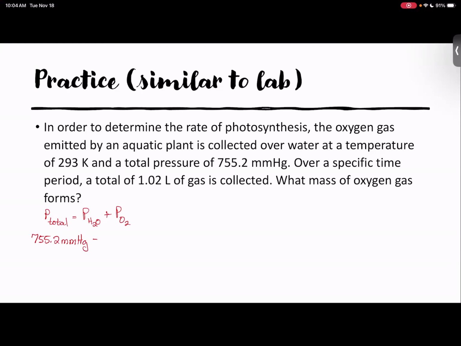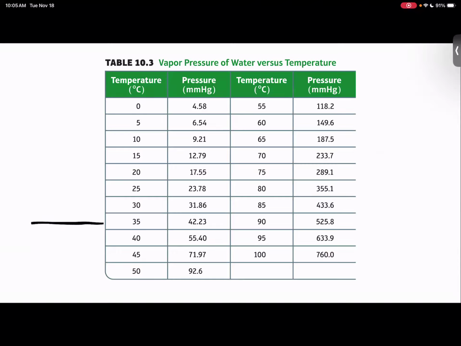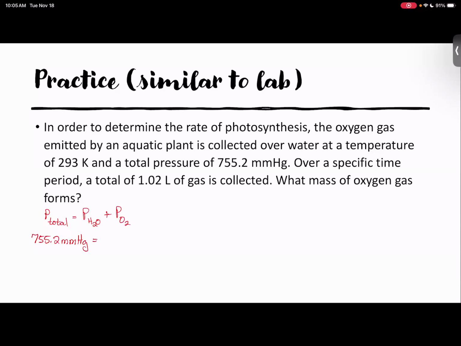We can look up the pressure of the water at 293 Kelvin, which is 20 degrees Celsius. Looking back at this table, the pressure would have been 17.55 millimeters of mercury for the water.